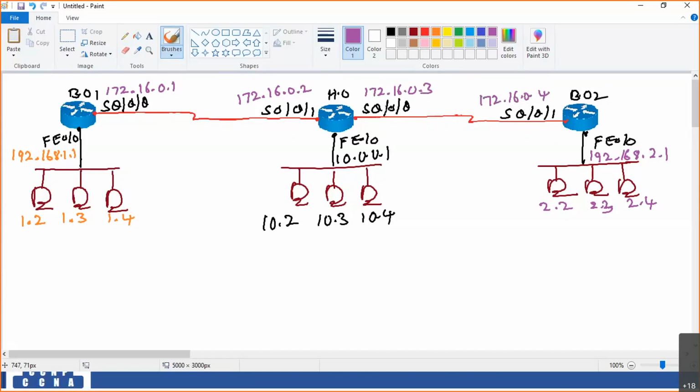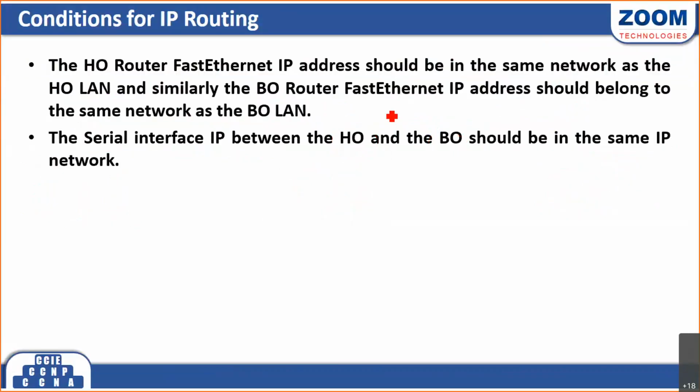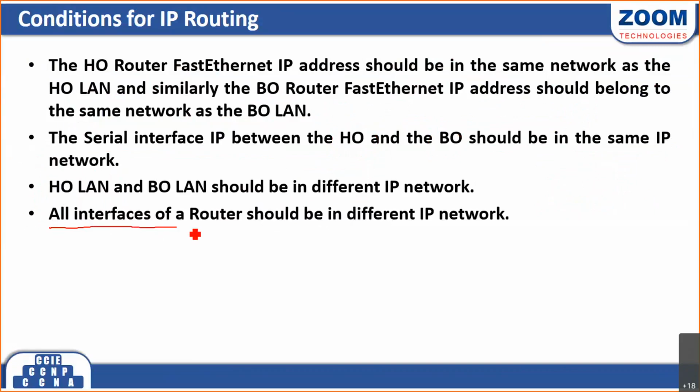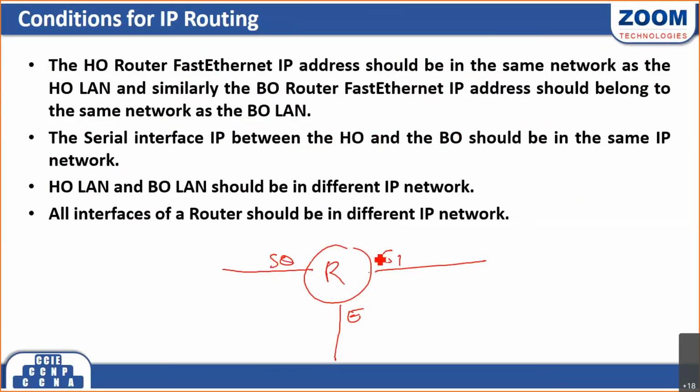See the last condition, condition number four: all interfaces of your router should be in different IP networks. If a router has three interfaces, like a LAN interface, WAN interface 1 and WAN interface 2, that is Ethernet, S0 and S1, all interfaces of the router should be in different IP networks.